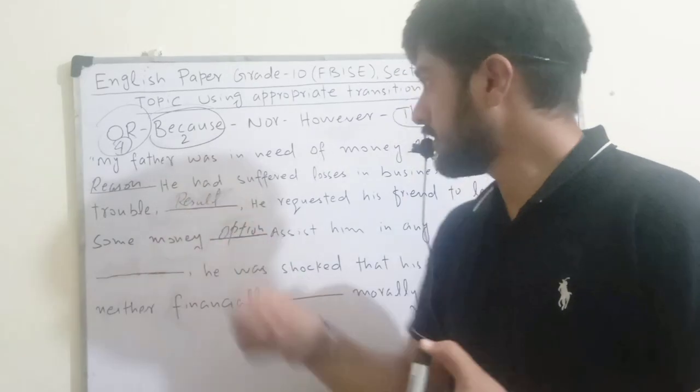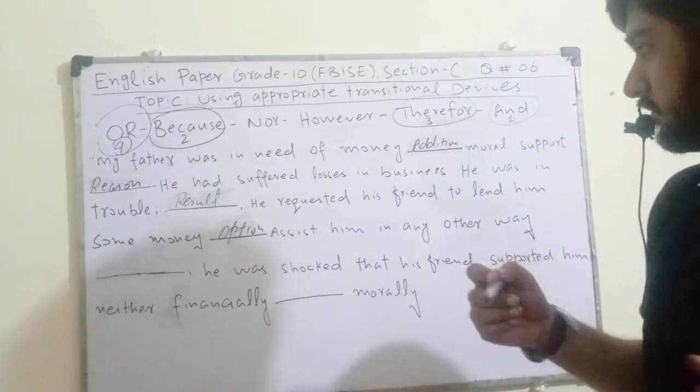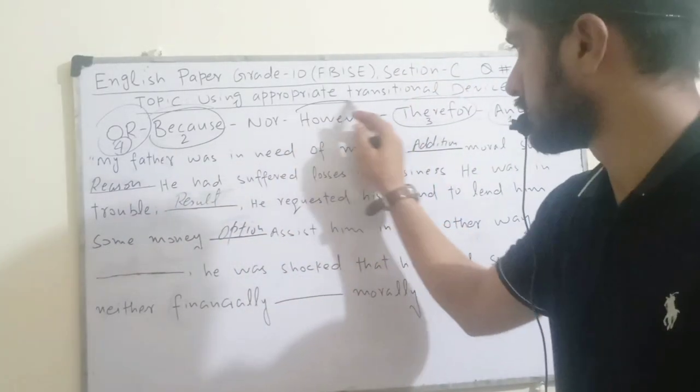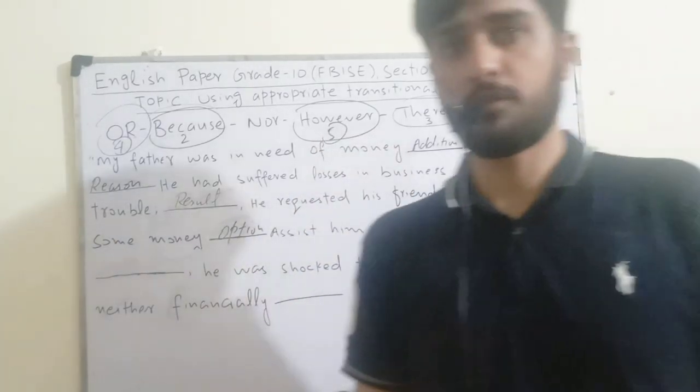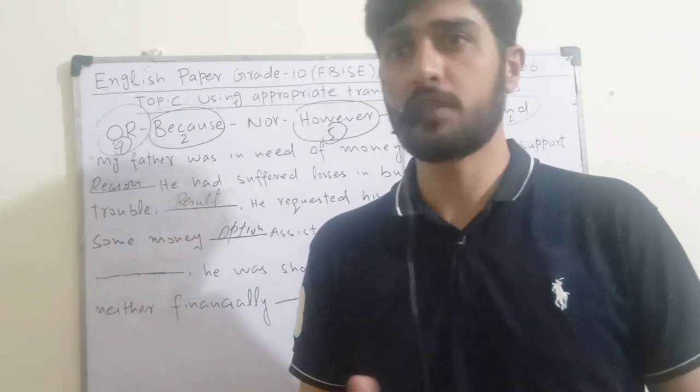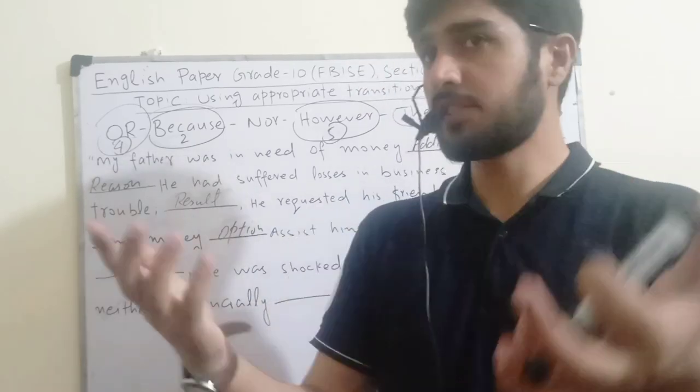Transitional device number 5 will be "however." What is the use of "however" as a transitional device?